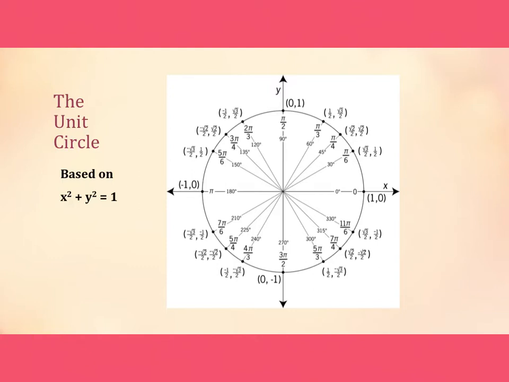And then what happens if my radius is 1 and I continue to make triangles as I move around this circle? So this theta here would be 30 degrees. My special right triangle when it's a 30, 60, 90 triangle is 1, root 3, and 2, if you remember your 30, 60, 90 triangles.